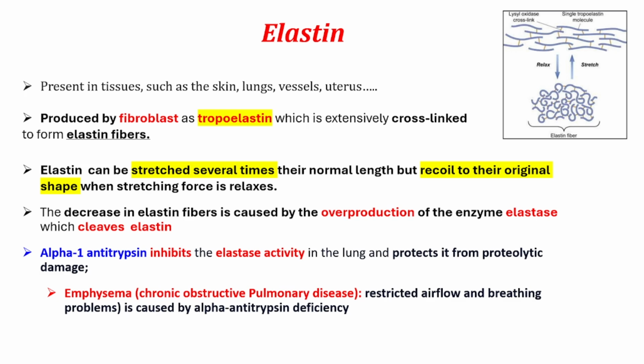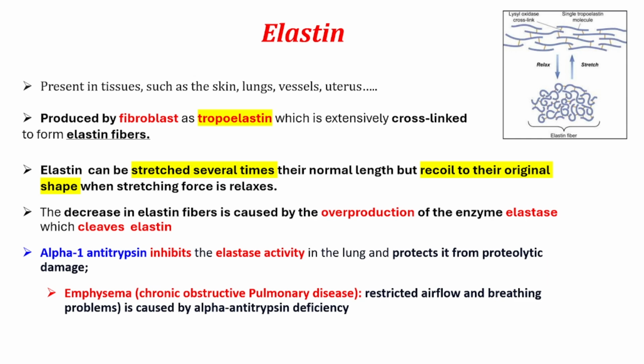So to avoid this, the body synthesizes what we call alpha-1 antitrypsin. Alpha-1 antitrypsin has the opposite effect of elastase. It will inhibit elastase, so it will not degrade my elastin. So elastase degrades the elastin, while antitrypsin inhibits elastase. So their actions are opposite.